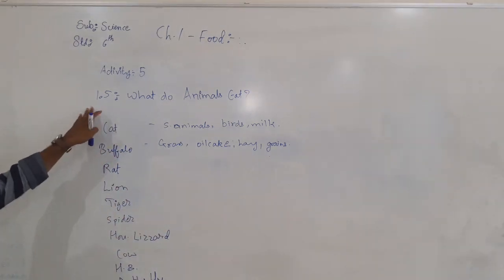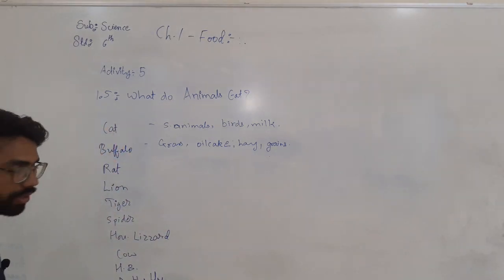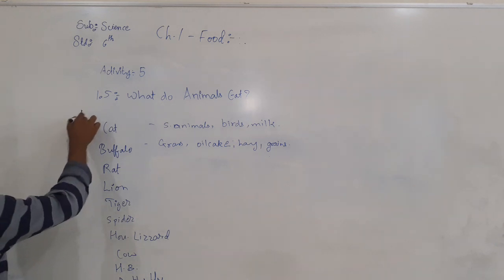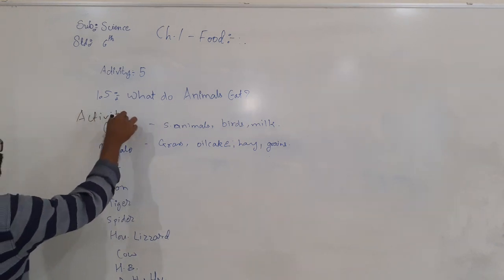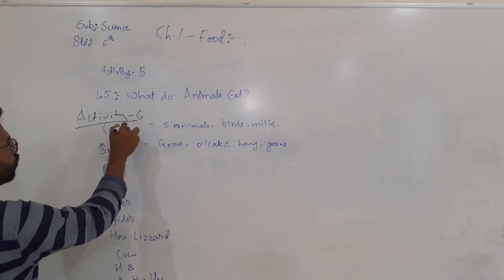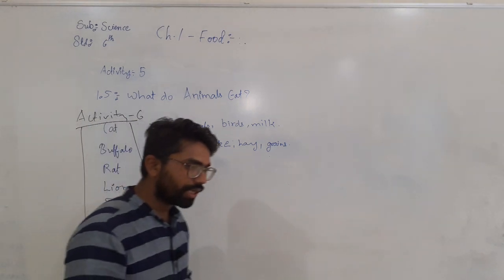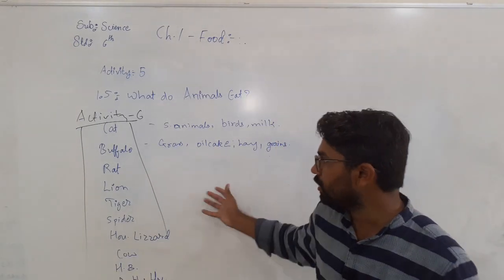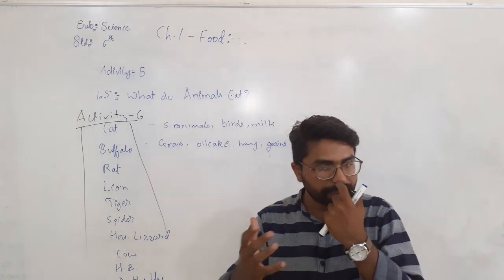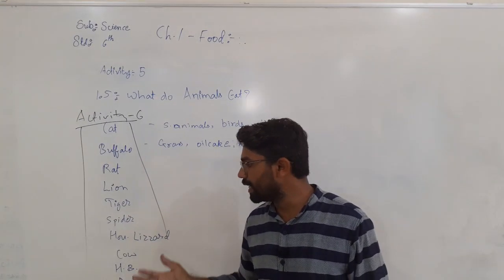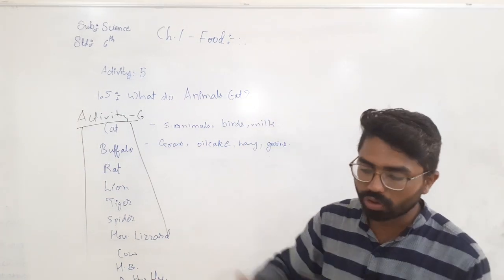Okay, for activity table number 6, all the names of the animals are given, and according to their diet you have to differentiate all these birds and animals into carnivorous, herbivorous and omnivorous.